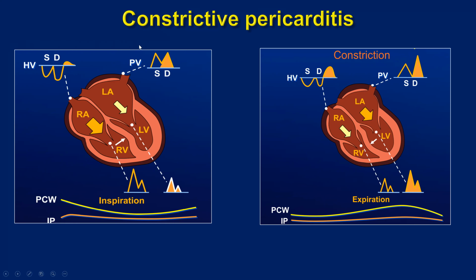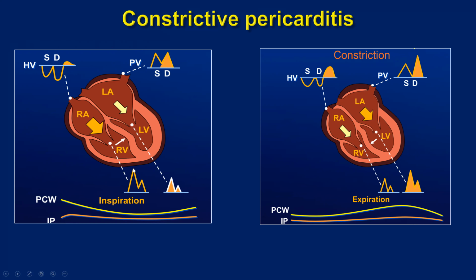Okay? And at the same time, there is reduced flow from the pulmonary vein. So this will decrease the preload in the LV. So during inspiration, the septum goes towards the left ventricle, and that is why there is increased forward flow during inspiration.